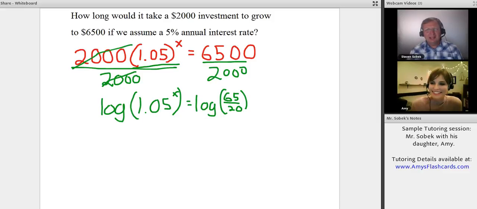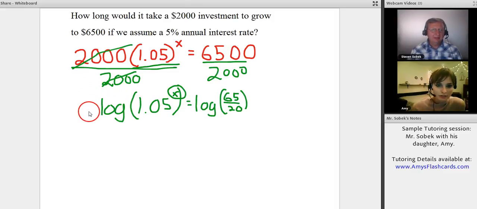Okay. I love calculators. Let's use the calculator. We're not ready yet, okay? Until we get the x. When we get the x by itself, we'll evaluate what's on the other side. Okay, all right. So now we have to find the log. Well, we're not going to find a log of anything right now. We're going to invoke that property that lets me take this x and do what with that? Put it in front as a coefficient. That's right.